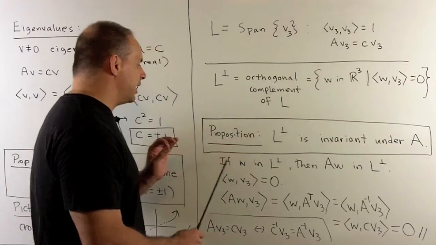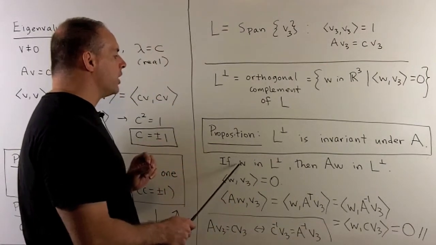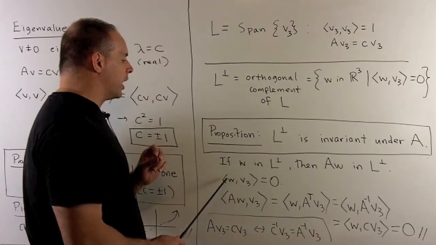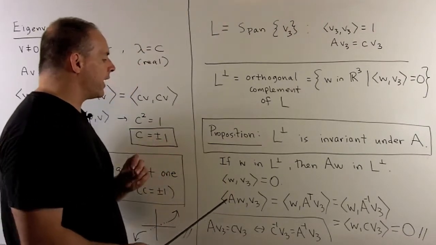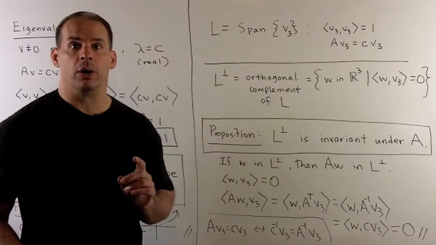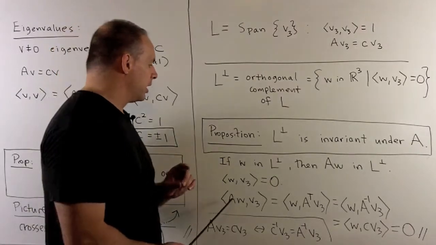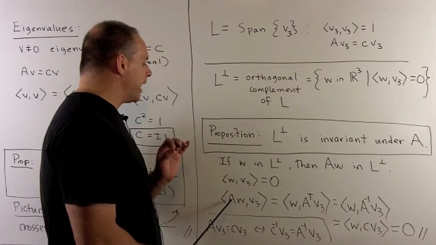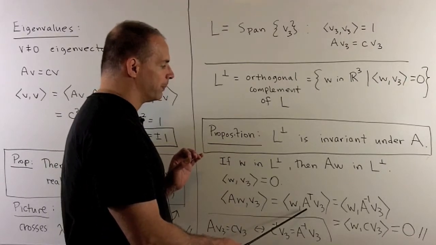Now, let's see that this condition holds. So if we take any W in L perp, that just means W inner product with V3 is equal to 0. So we want to show that AW inner product with V3 is also equal to 0. So we just follow our nose with the definitions. First move we can make, I'll take A and put it in the second slot as A transpose.